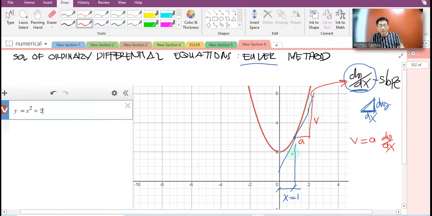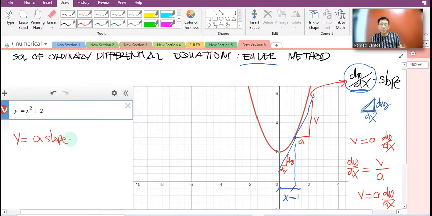We know that the slope of this is dy/dx. If we take the proportionality of the triangle, dy/dx is equal to v over a. Therefore, if we cross multiply, v is equal to a times dy/dx, or the vertical distance is equal to the horizontal distance multiplied by the slope of the line.